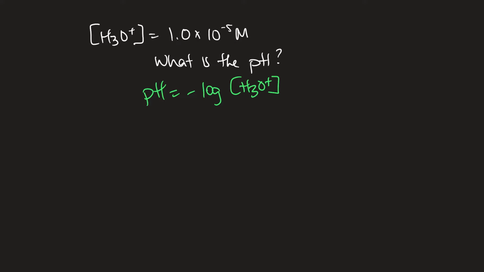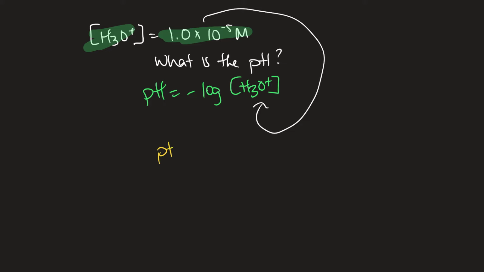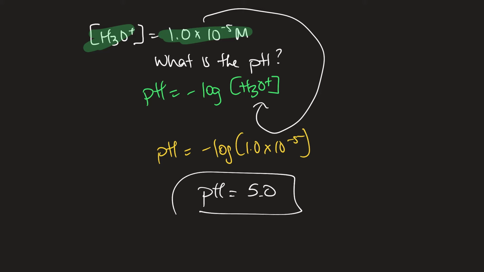Because we know the concentration of hydronium here, we can substitute this number, and rewrite it where the pH is equal to the negative log of 1.0 times 10 to the negative fifth. If you plug that in the calculator, we find that the pH is 5.0. So that would be the answer to this problem.